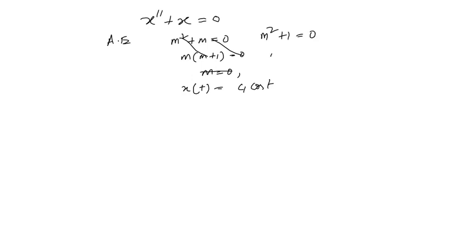So m is plus or minus i. You get x of t as c1 cos t plus c2 sin t, for minus infinity less than t less than infinity, where c1 and c2 are arbitrary constants.